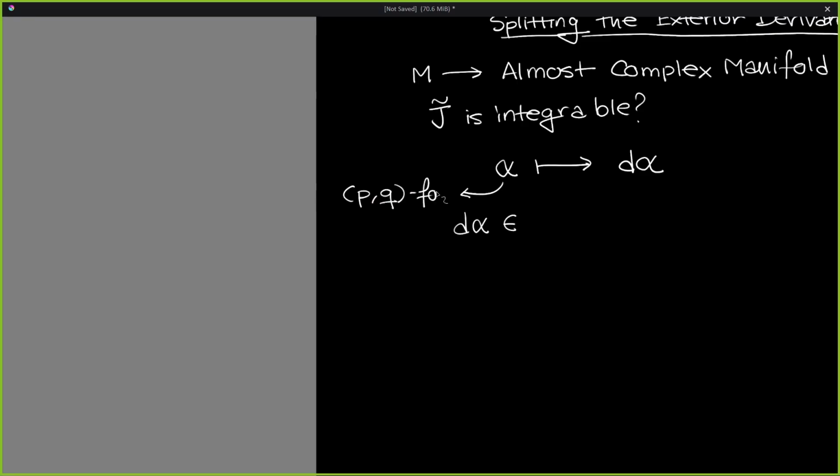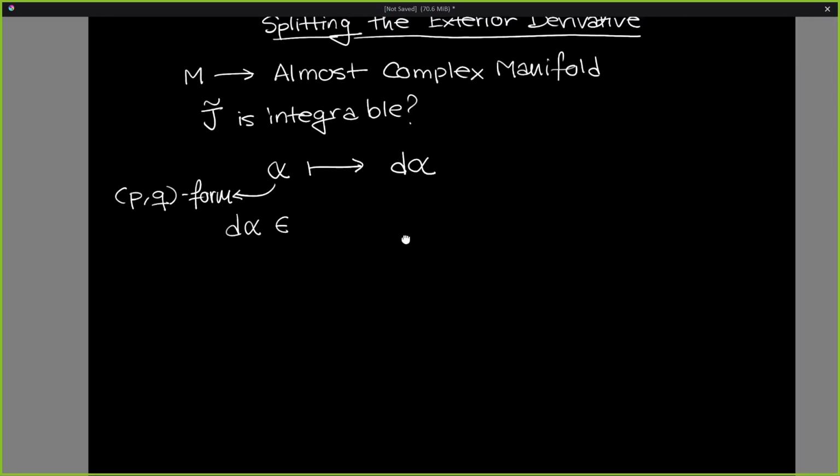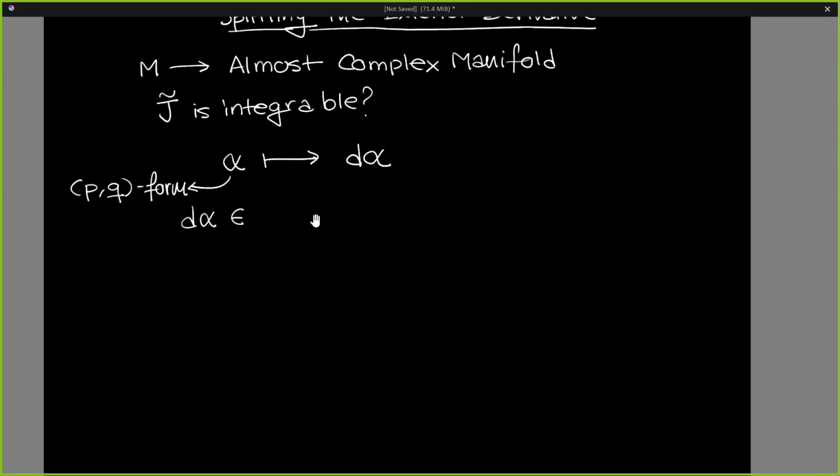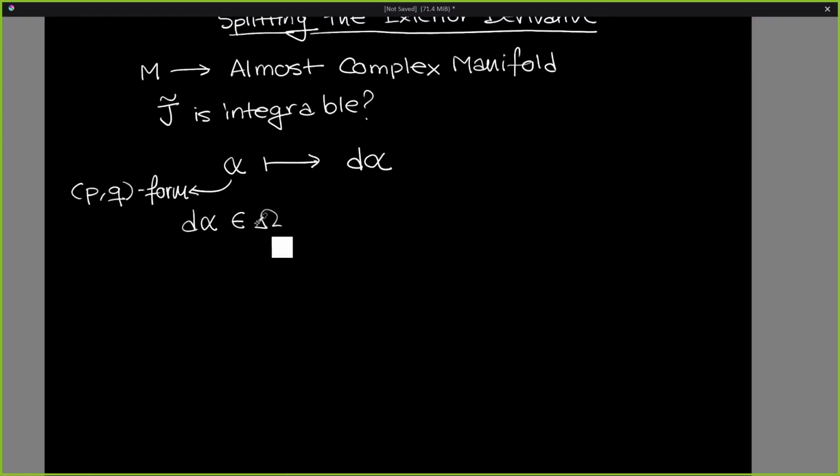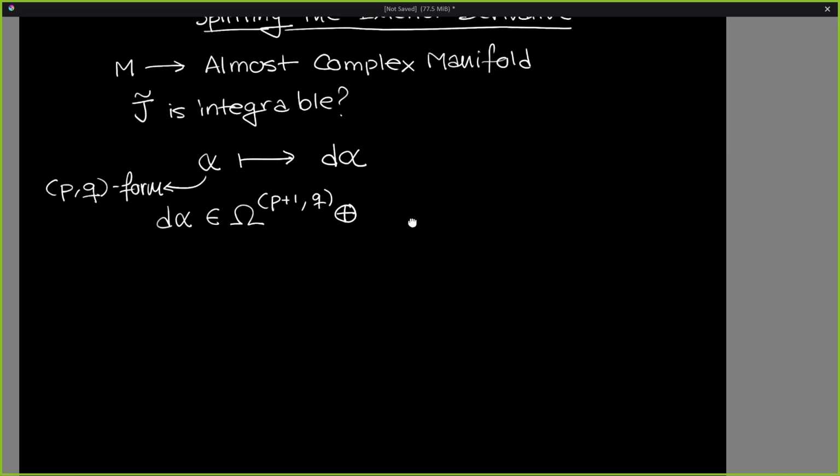We're going to say that d alpha is an element of omega p plus 1 q of m. Let me skip the m's here. It's implied and it's not very important to the point. Just remember that there are going to be a bunch of m's here.